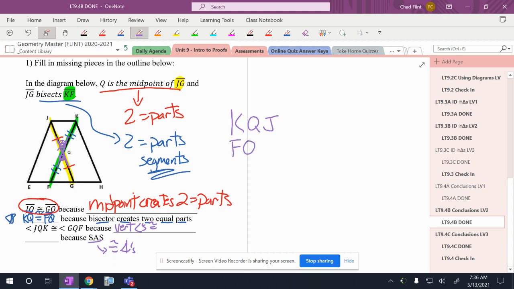And then JQ matches up with GQ. So there's my 2 triangles. So on this line, it's going to be triangle KQJ congruent to triangle FQG. Okay, so match the letters up so that it makes sense.